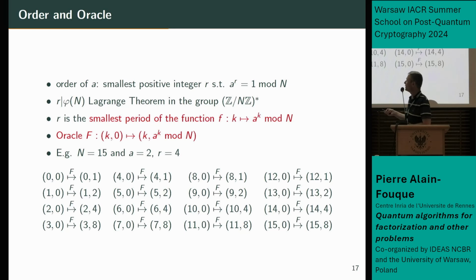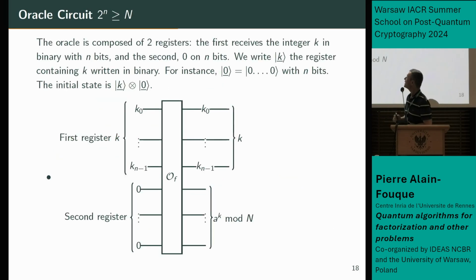And 2 to the power 7 is 128, and so mod 15, it will be 8. Okay, and you can do everything. And here you see that the function is periodic. Okay, and the period is 4. And so the goal is, in fact, to recover the period of the integer a.